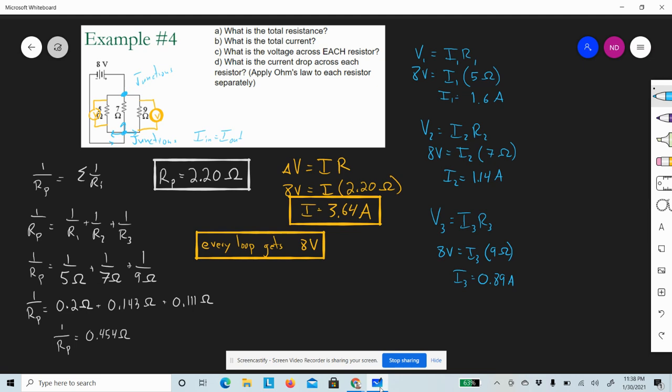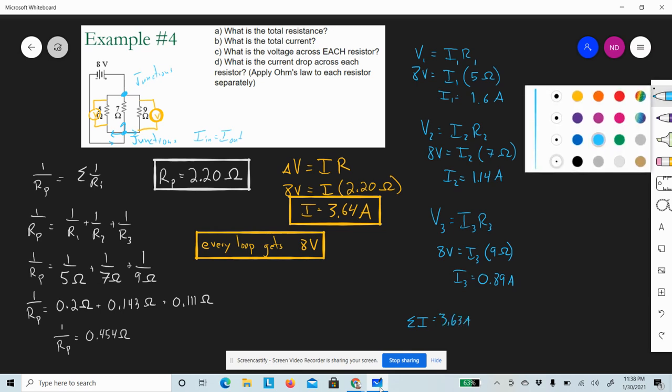If you notice, go back to Kirchhoff's rule of junctions. If we have 3.64 amps coming into this junction, and you were to sum 0.89, 1.14, 1.6, we get 3.63.